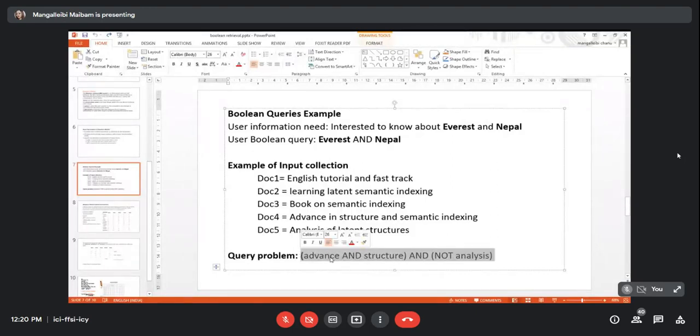We have already found the Boolean representation for advance, for structure, and for analysis also. But here the logical expression not is there, so we have to find not analysis.